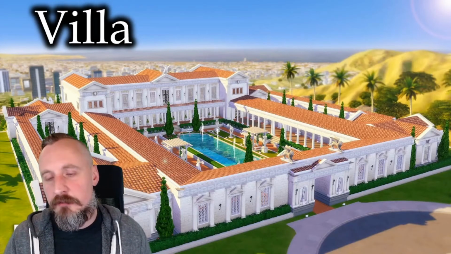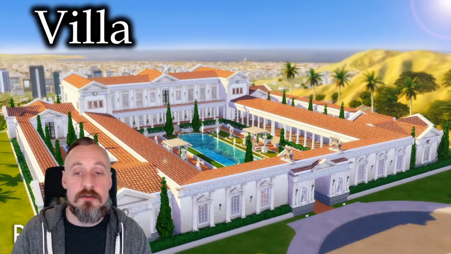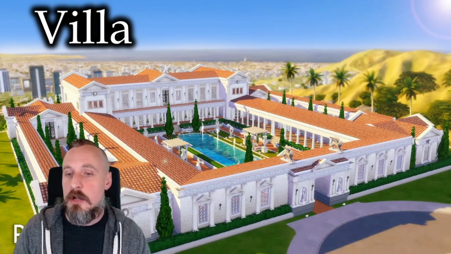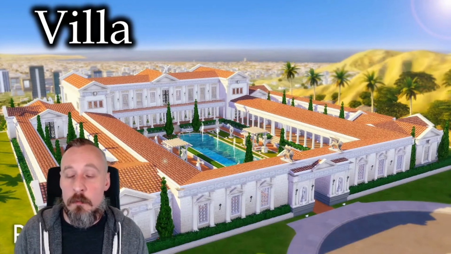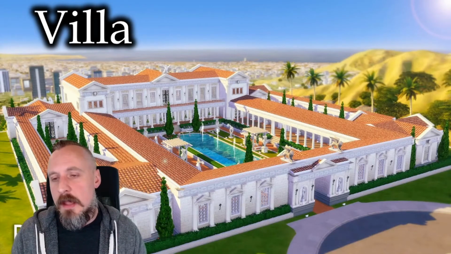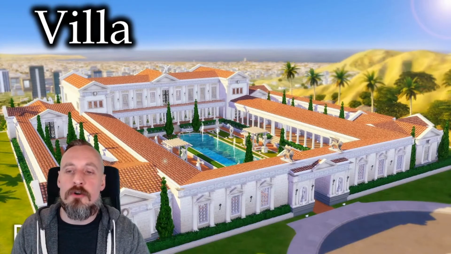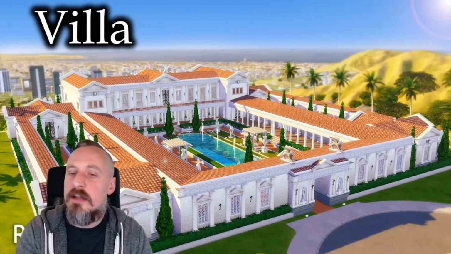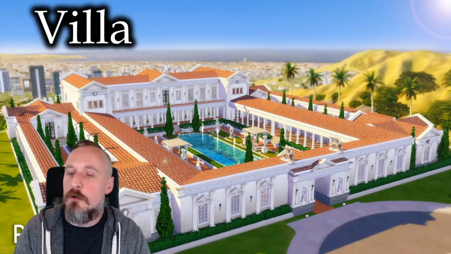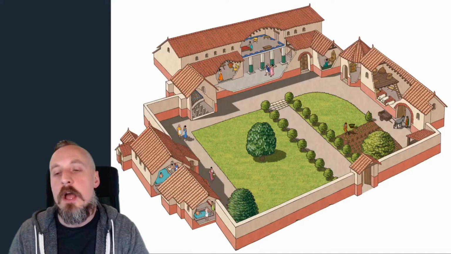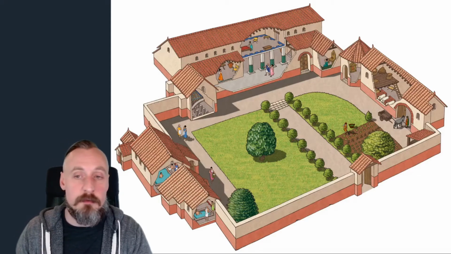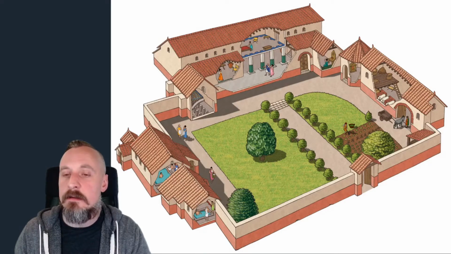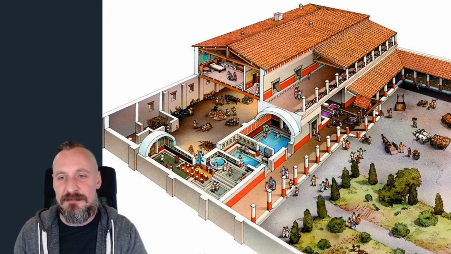And on the opposite end of the economic spectrum, we have a villa, which could have been owned by one senator or very wealthy person and his family. And the villas were massive mansions that followed the same concepts of symmetry, of an open courtyard, of sloped roofing, but based on the wealth of the person, could be vast with dozens or hundreds of servants and interior gardening that we see here in this one.